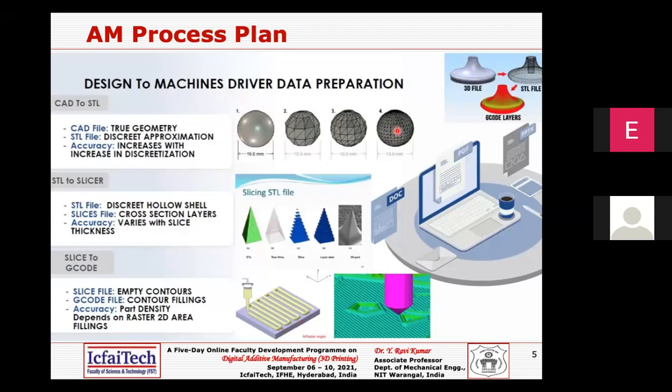So you have to be careful while working with this sort of resolution in the CAD domain itself, where in turn the accuracy will depend on your discretization or the resolution of your models. So that is the first step: you do it in CAD to the STL file.